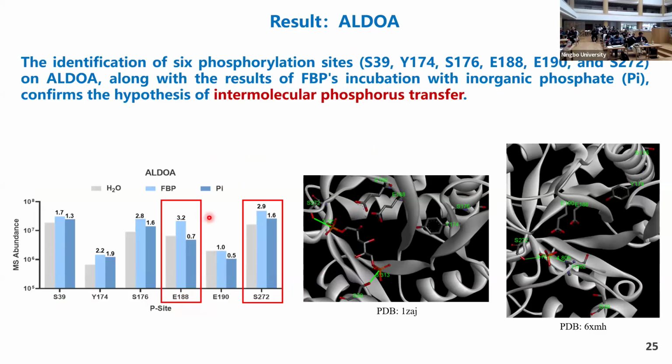And more importantly, compared to the control group, when the protein was incubated with the FBP, that is its phosphorylated substrate, the phosphorylation levels of the carboxyl group and the serine are elevated, okay? So it confirms the hypothesis of the intermolecular phosphate transfer mechanism, okay?